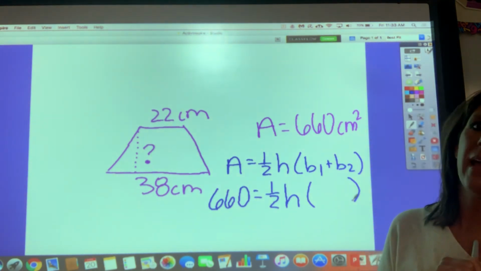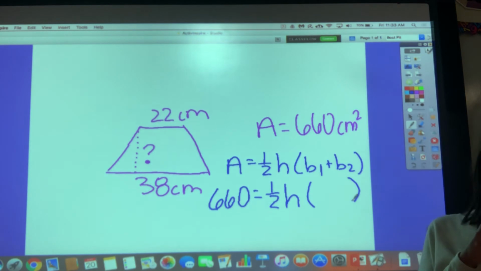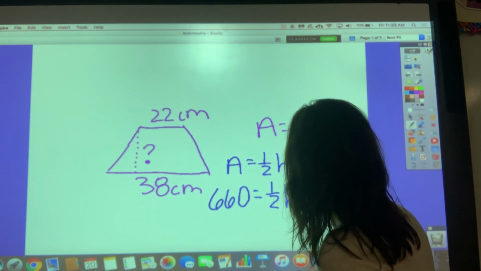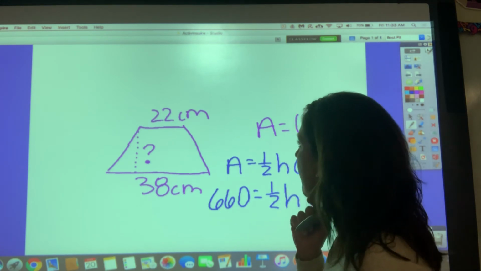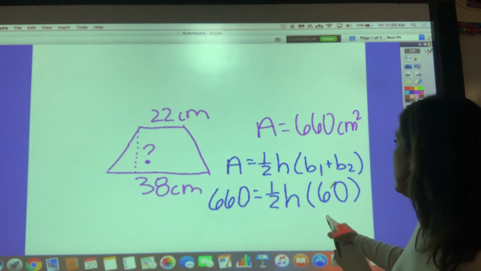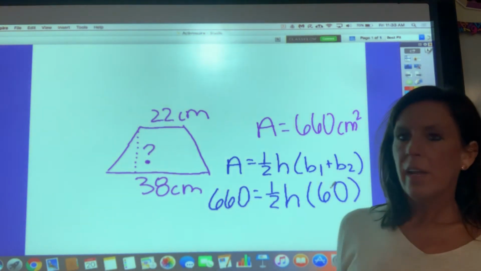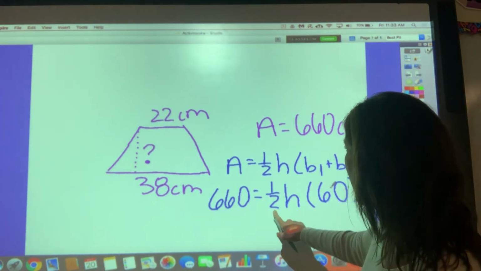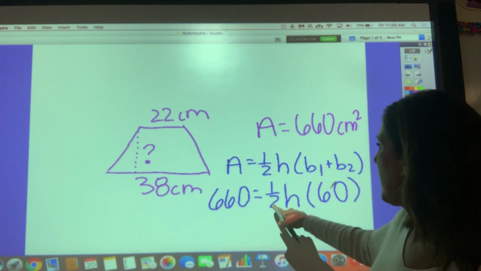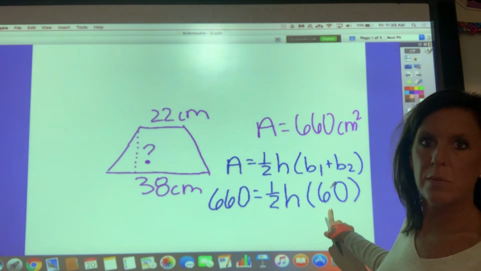So what do we get when we add 38 and 22? Hopefully you got 60. And so, just like we did when we had triangles, we look over here and we have half. We have an h we can't do anything with, but we have 60, and we can do half of 60, which we know is 30.